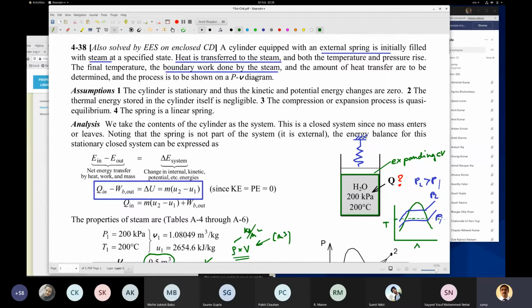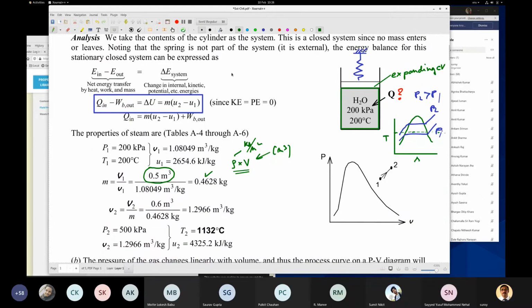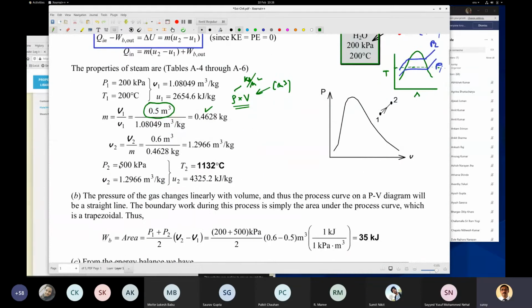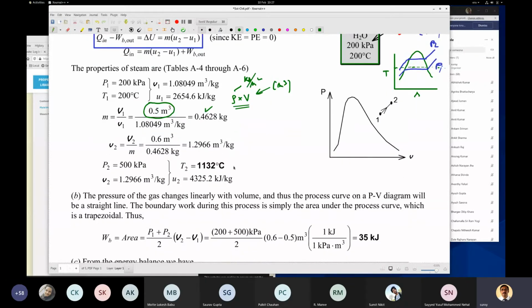We need the final work, the boundary work. The final temperature is 1132 degrees centigrade. So it goes from 200 to this temperature.